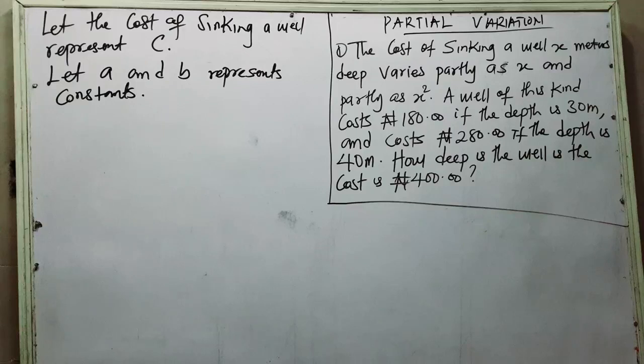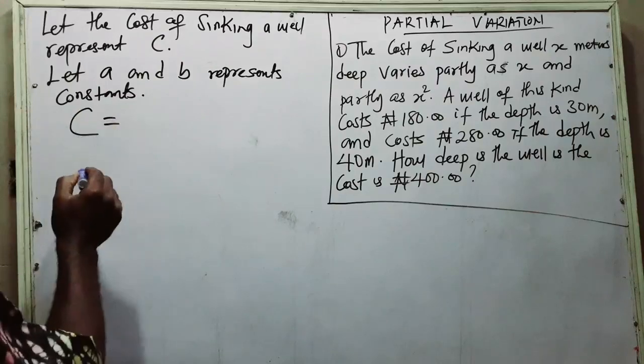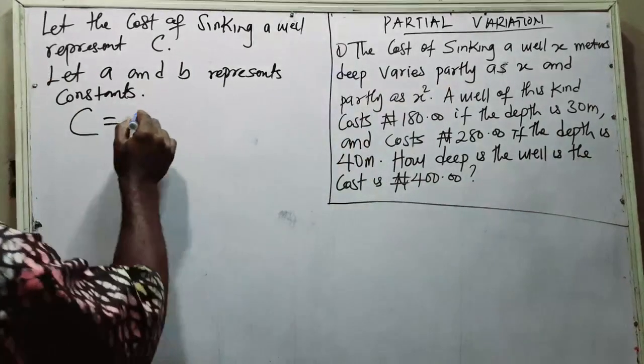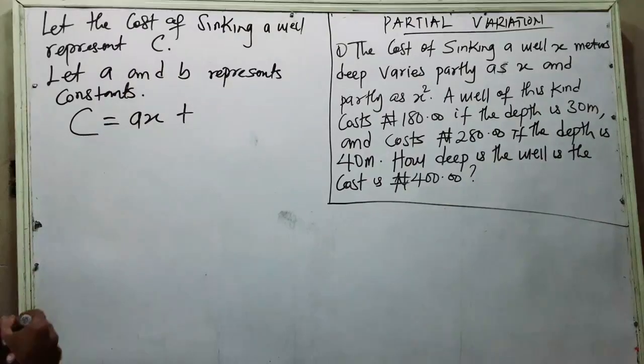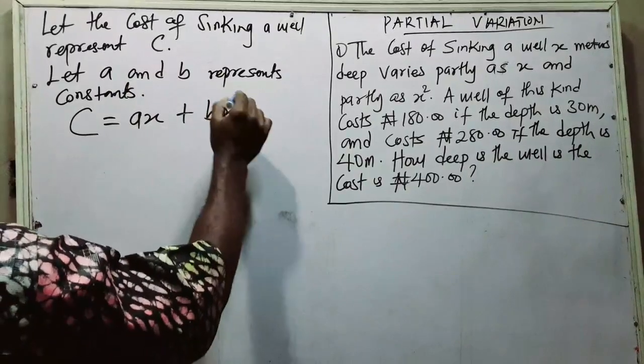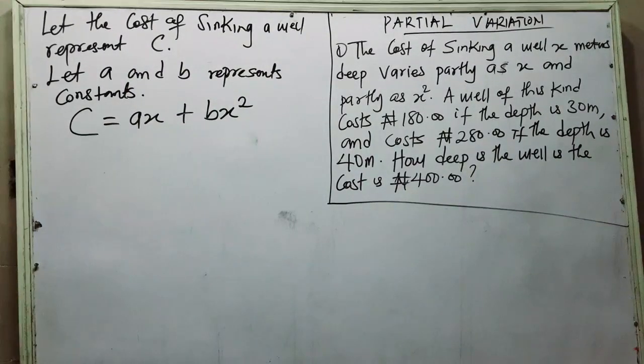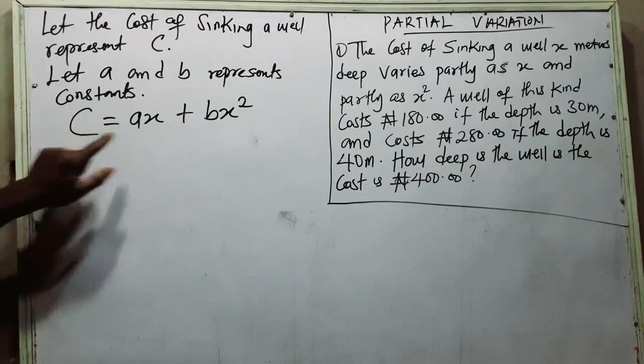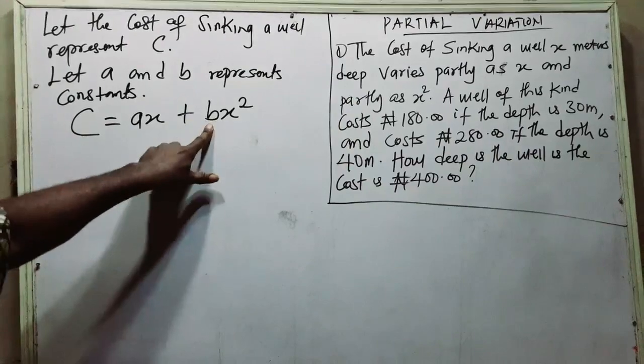The cost of sinking a well x meters deep varies partly as the depth, which is x, and partly as x squared. So C = ax + bx squared. The cost varies partly as x and partly as x squared.